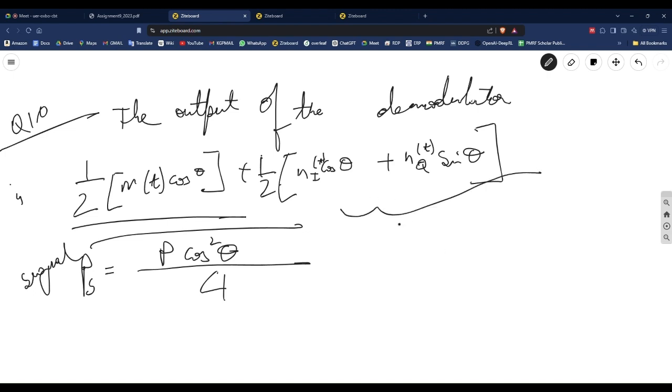And this is the noise. So what will be Pn? Pn will be 1 by 4 root under Ni square cos square theta plus Nq square sin square theta.